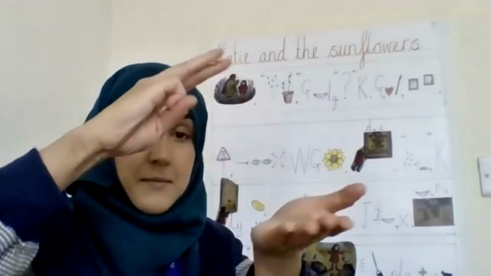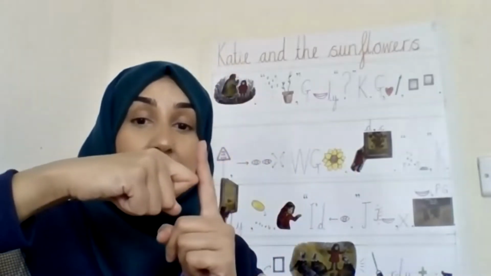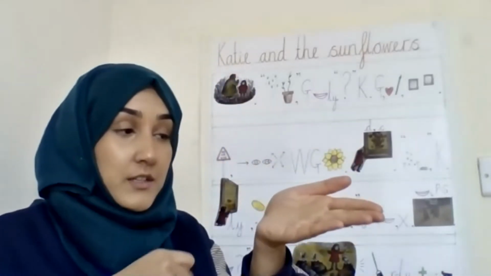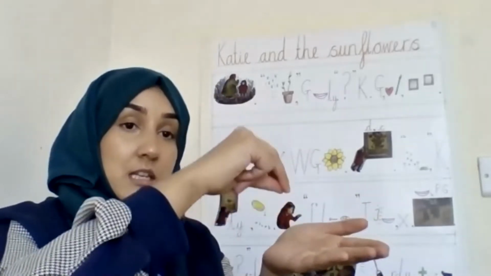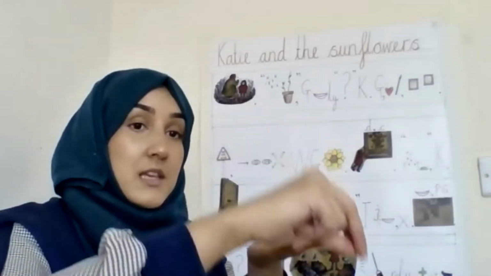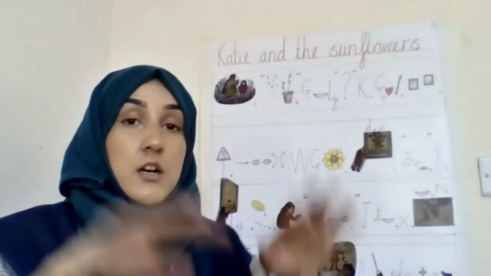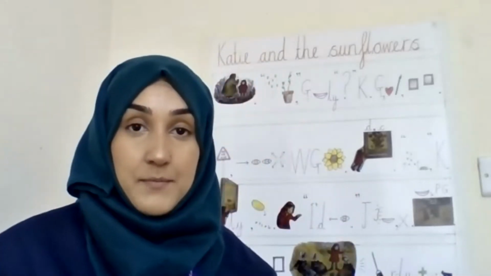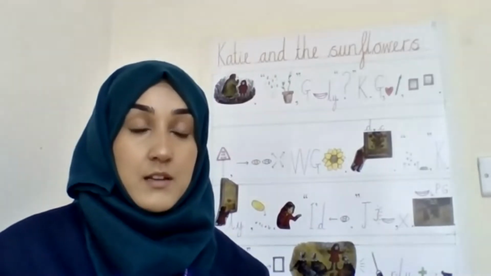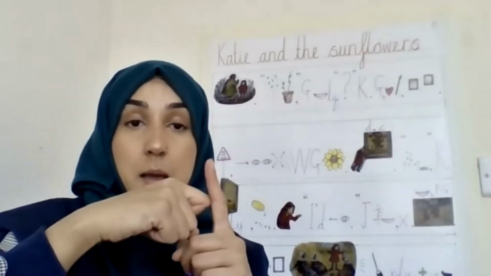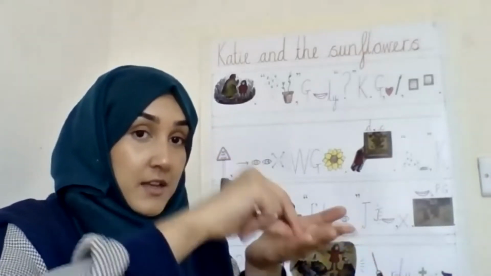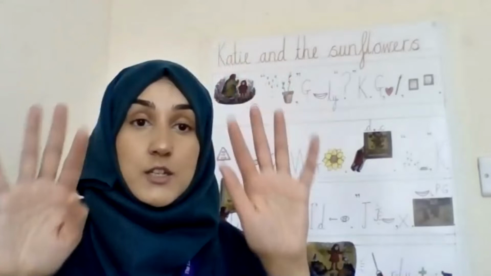So, Grandma was helping Katie. Now, plant, as if you're pushing a seed into the soil, plant some seeds in the garden when it started to rain. Okay, so Grandma was helping Katie plant some seeds in the garden when it started to rain.